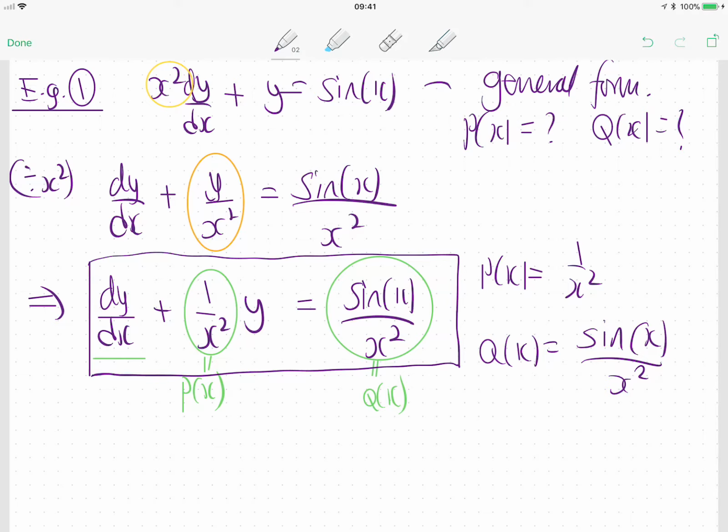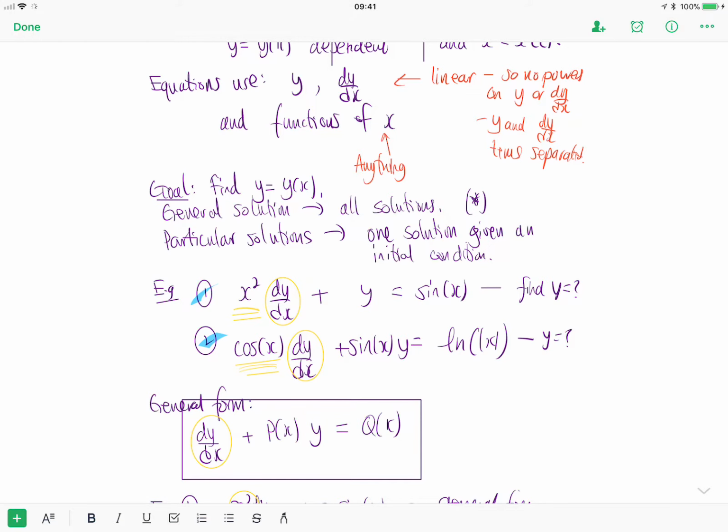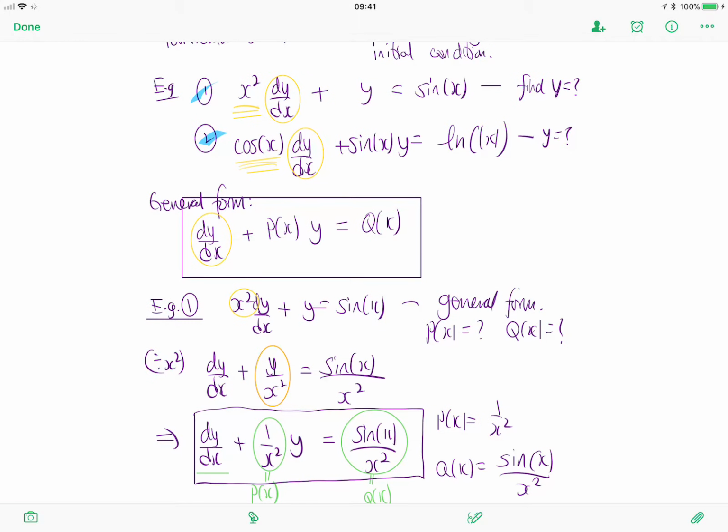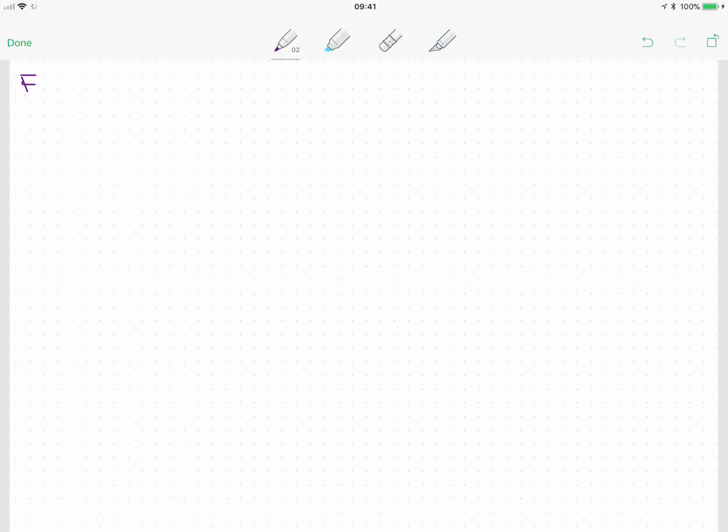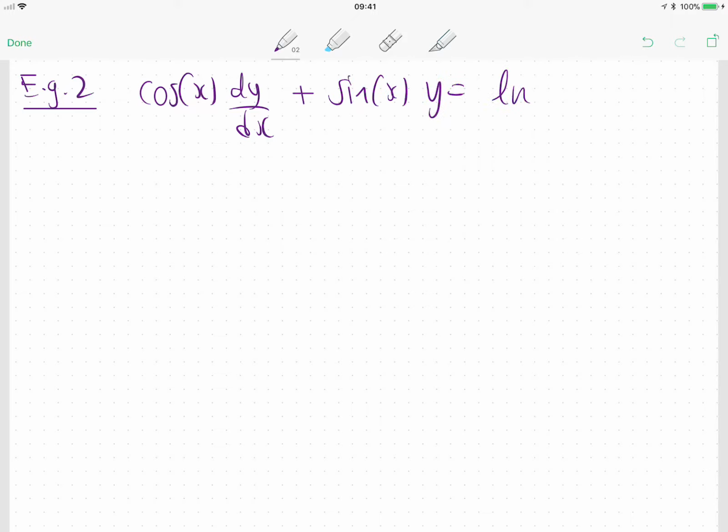How about the second example, example 2? Let's follow a similar process. Let's take a look at that. So example 2, just this differential equation I made up. And we want to write this in general form.